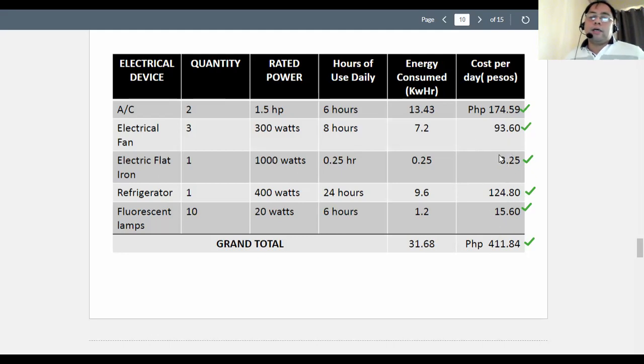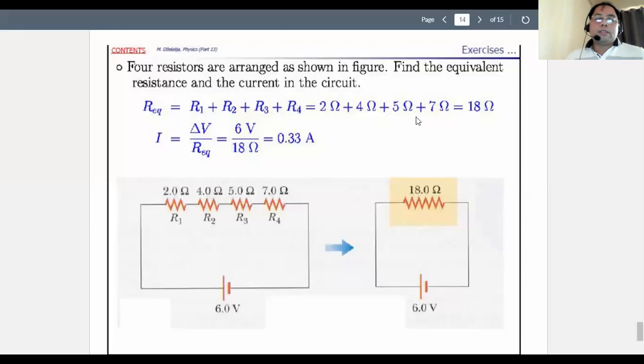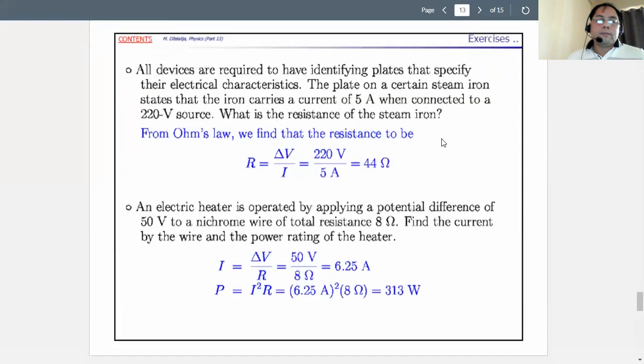But this is just a rough estimate of how we calculate our energy consumption.